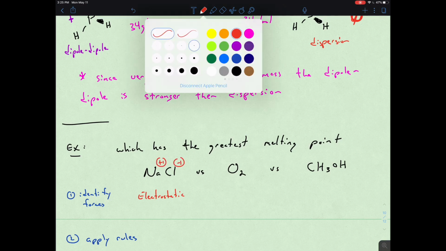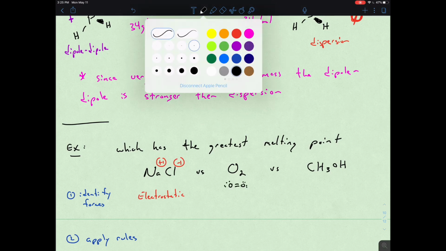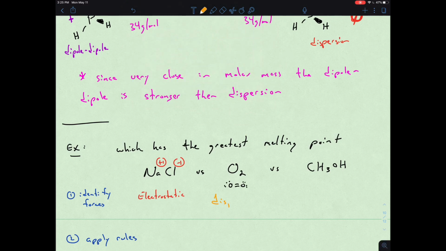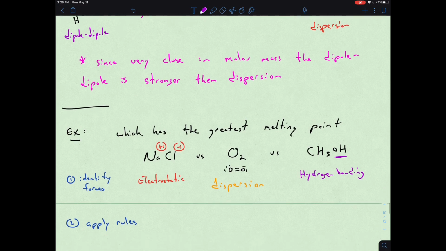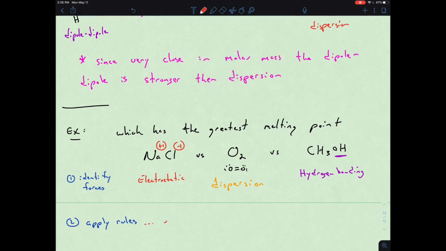We have O2, and that would fit under dispersion. We then have methanol with that OH, so there's our hydrogen bonding. And if we apply the rules, electrostatic is the strongest.